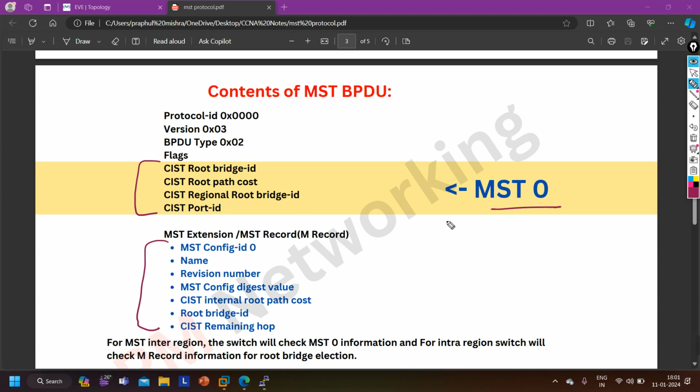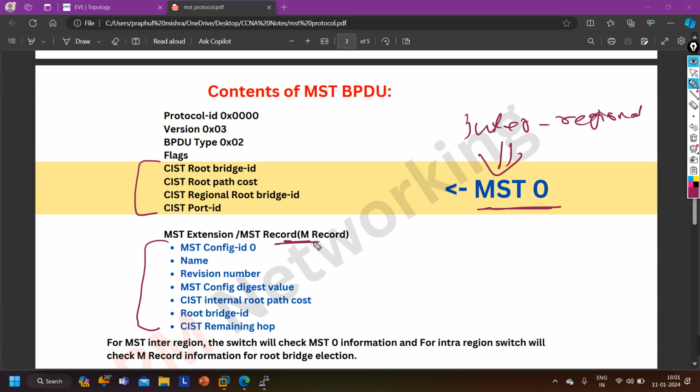So switches are going to check MST 0 information for root bridge election in inter region, and for intra region, switches are going to check the M record information.